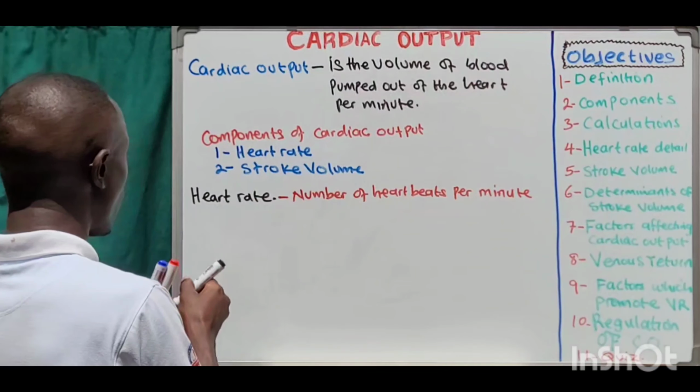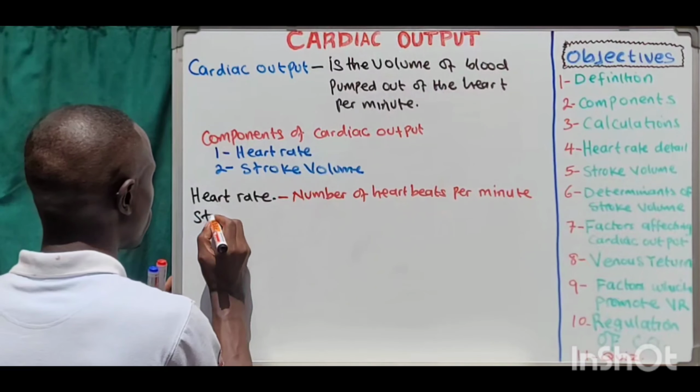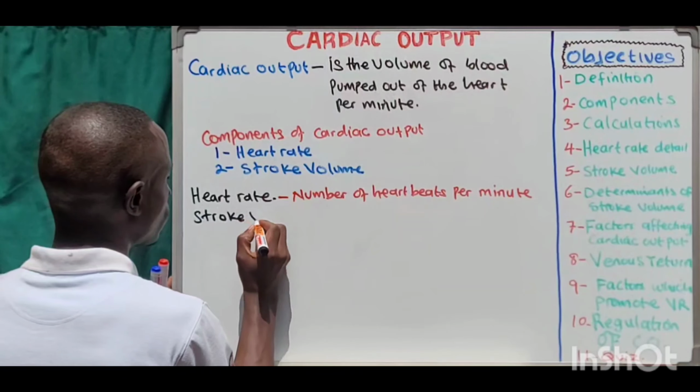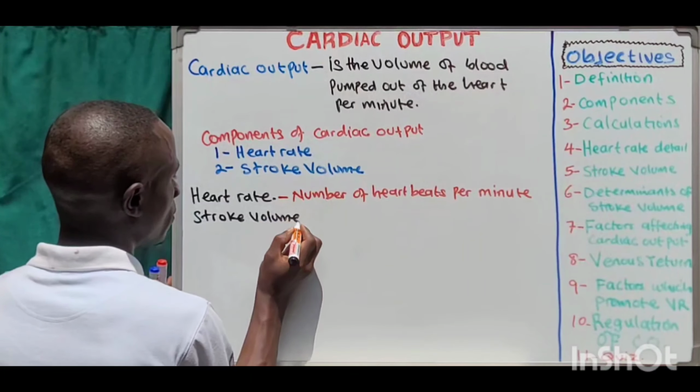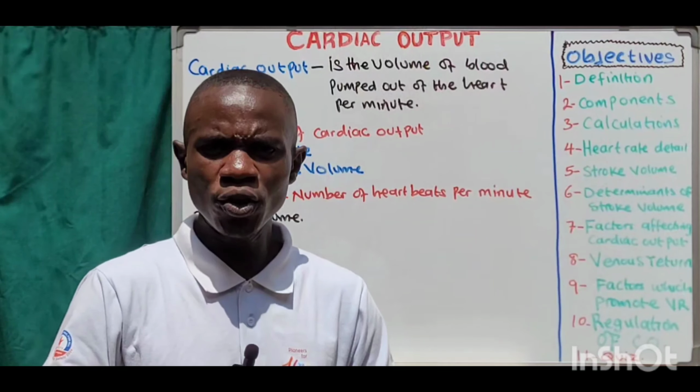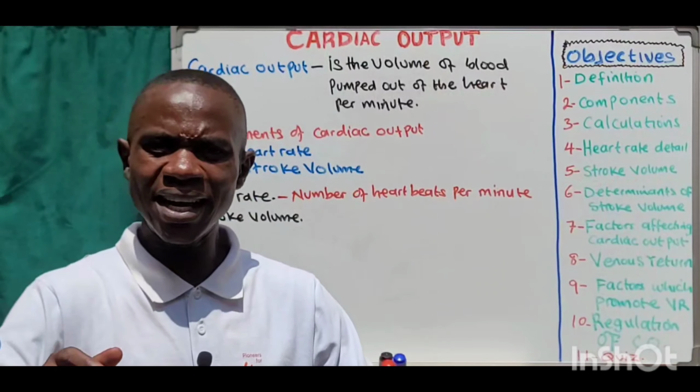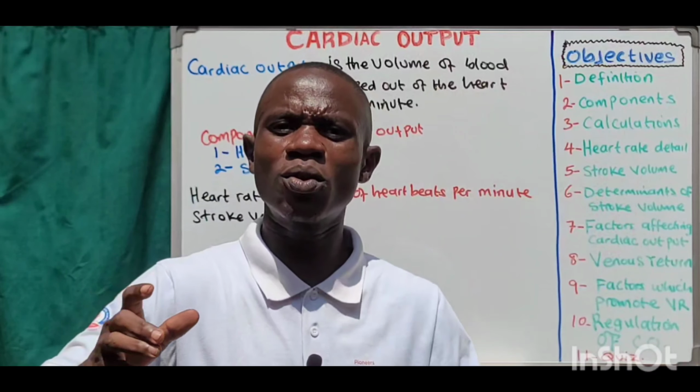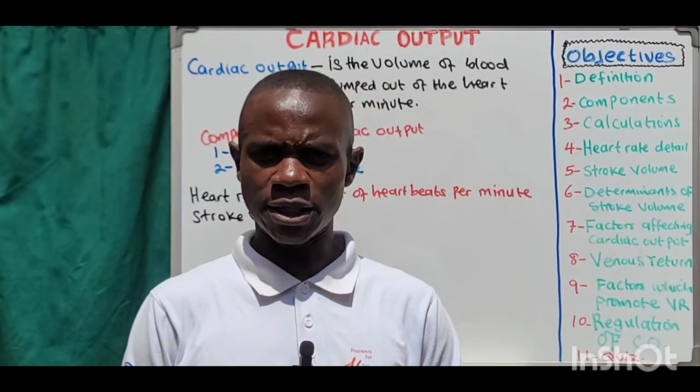And then when we talk of stroke volume, this is the volume of blood which is ejected off the ventricles every beat that passes.